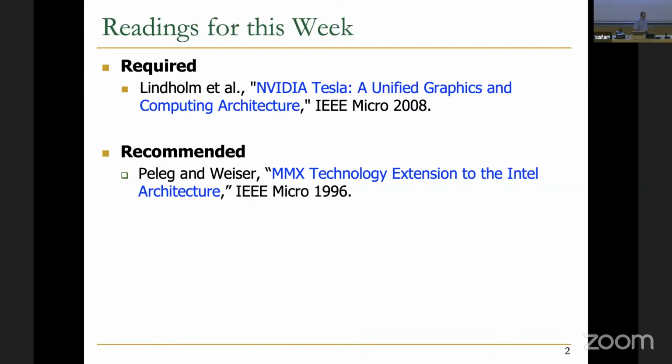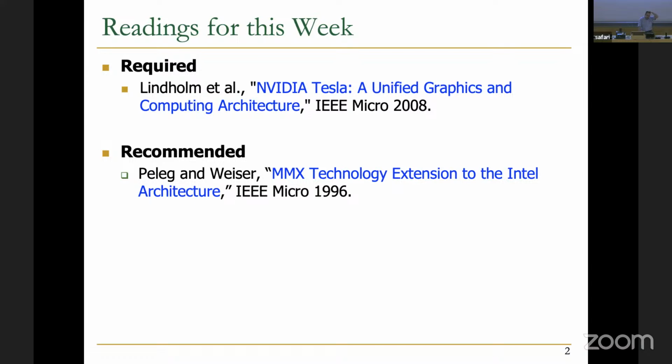For this lecture, here are some readings that you might want to check. The first one is about one of the NVIDIA architectures. This is an IEEE Micro paper, and the level of detail in that paper is understandable and easy, even for people who are not experienced with computer architecture. I would really suggest everyone check this beautiful paper.